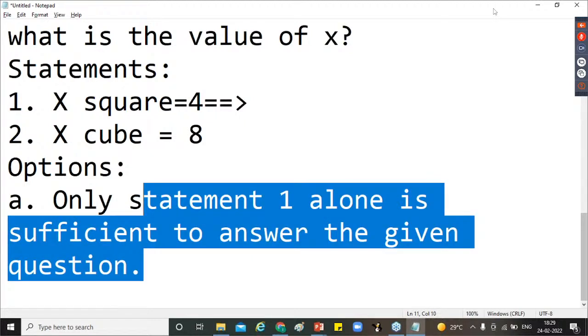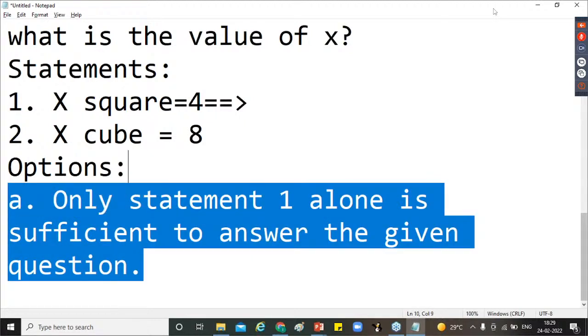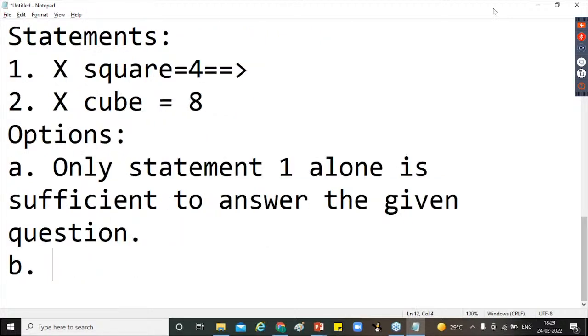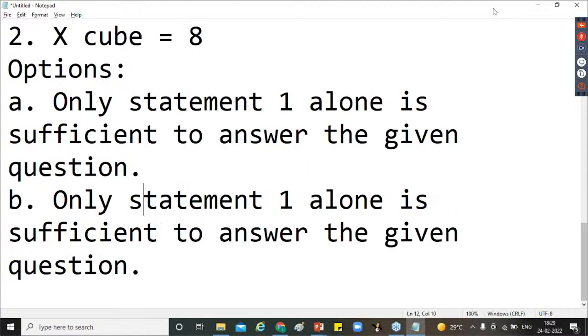Sometimes if you are getting the answer from statement 2, your option should be only statement 2 alone is sufficient to answer the given question. Get it, all of you?